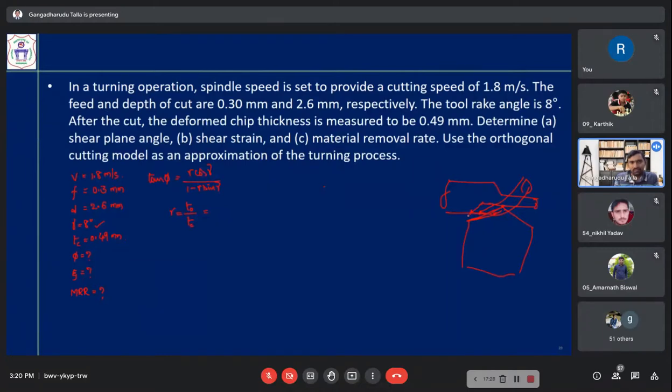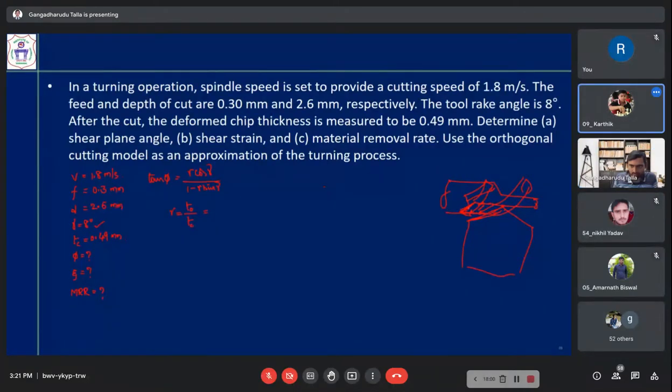So logically, if you understand this carefully, the mechanism of material removal. You are removing like this material. In one turn you are removing one layer in this fashion. This you are cutting into this. So once it is coming out, then you have to understand the shape of the chip. Understand?